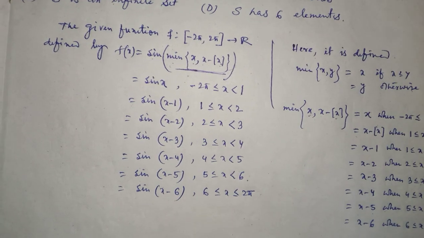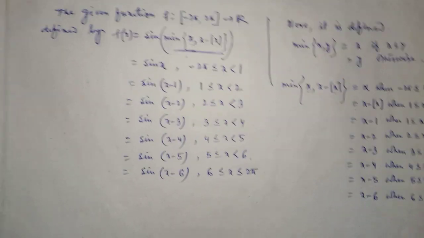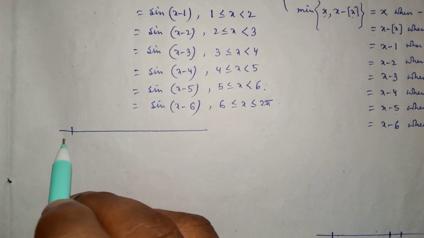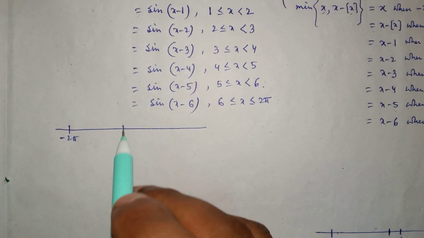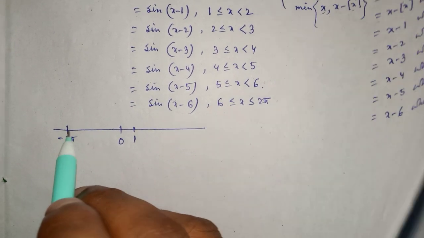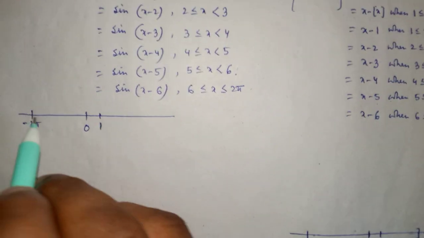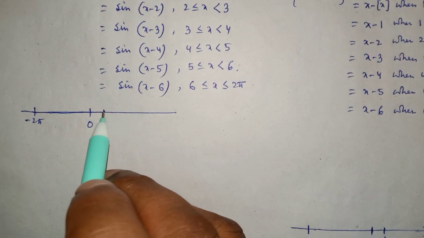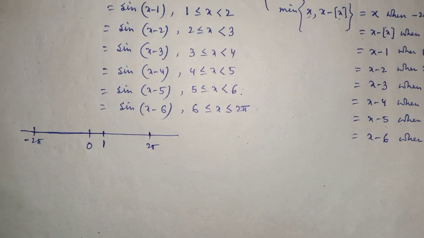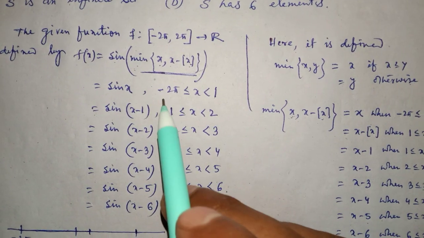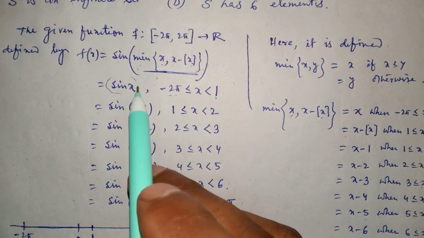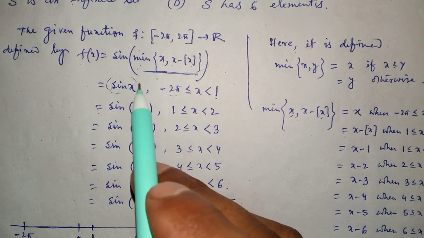Now we see that when x belongs to minus 2 pi to 1, the function is sin x, which is a continuous function.